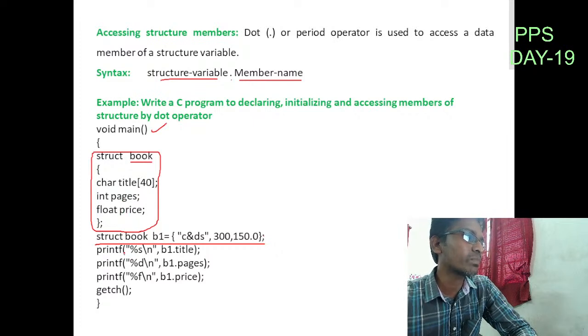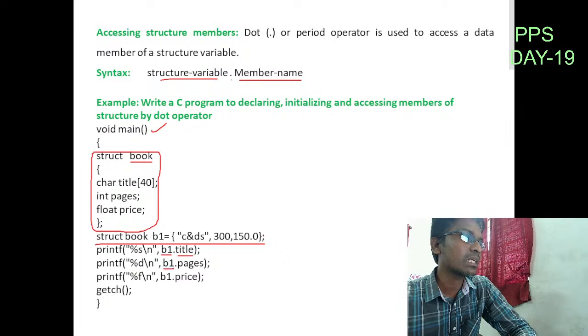Now if you want to access the particular title or particular pages or particular price, then you have to use the printf function, and with the help of the printf function you can display the title of the book, or the number of pages of the book, or the price of the book. For that, you use the structure variable followed by the dot operator and followed by the structure member.